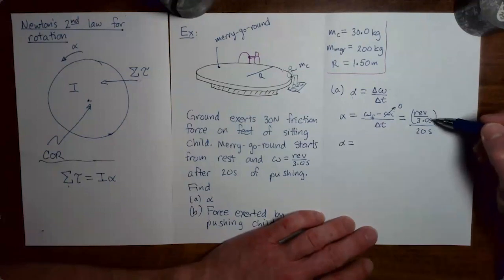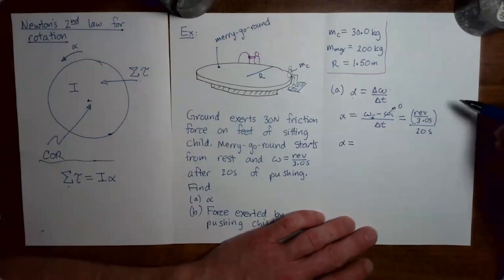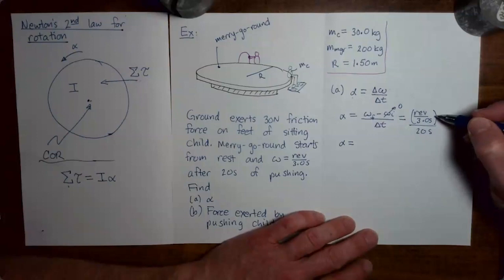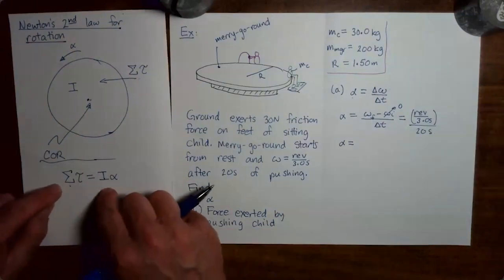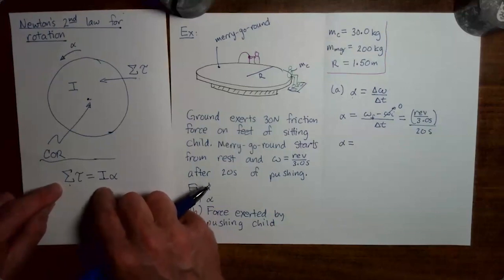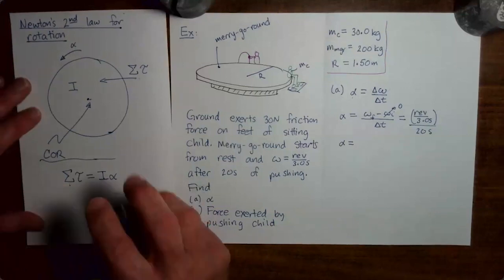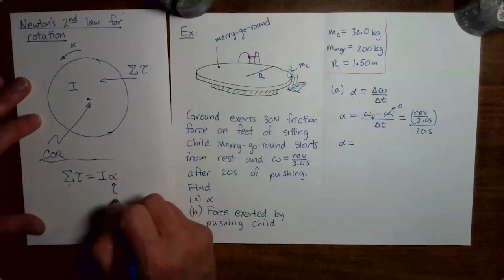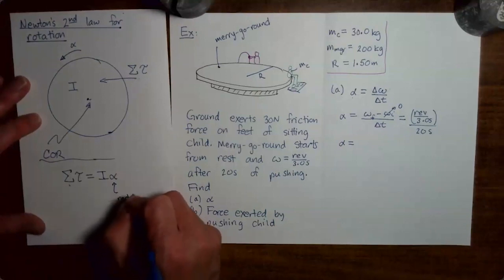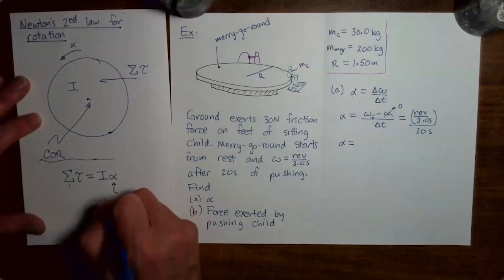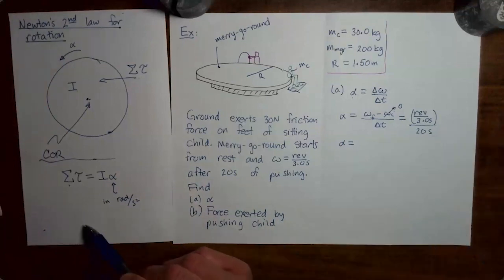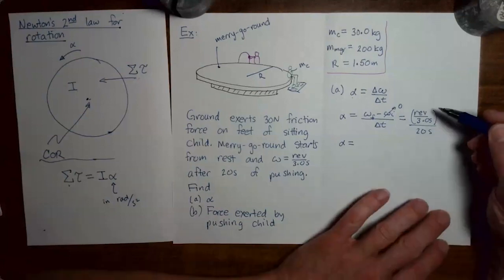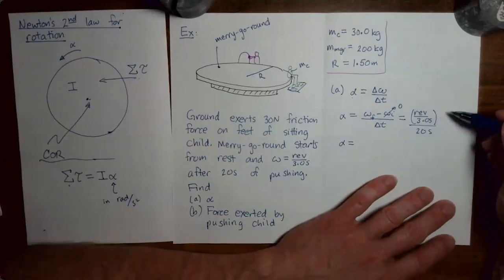Now, if we would simply plug this into our calculators, we would get angular acceleration in units of revolutions per second squared. However, as I mentioned in an earlier video, when we use Newton's second law for rotation, the angular acceleration has to be in units of radians per second squared. And since we're planning to use Newton's second law for rotation in the next part of the problem, we want to get this into units of radians per second squared.